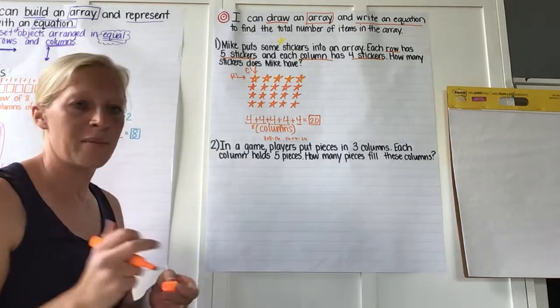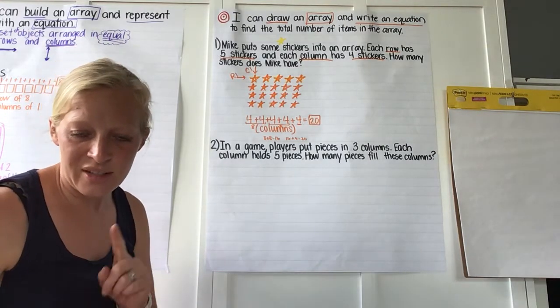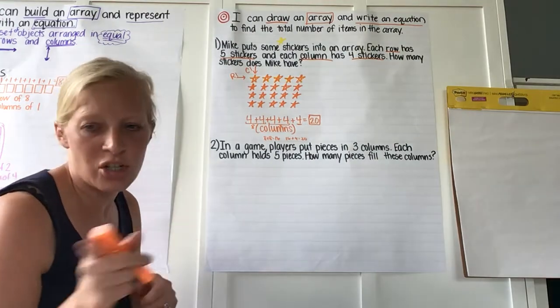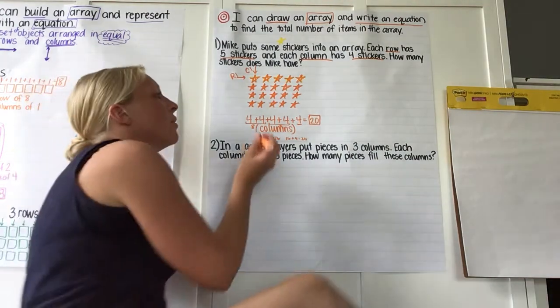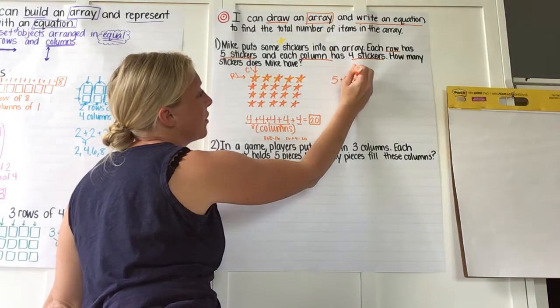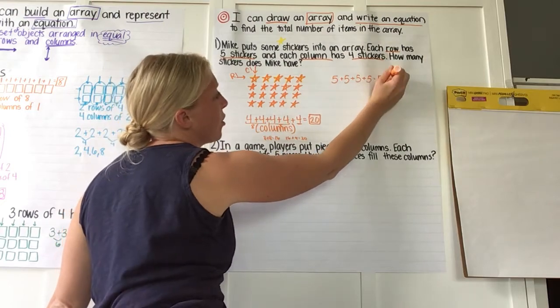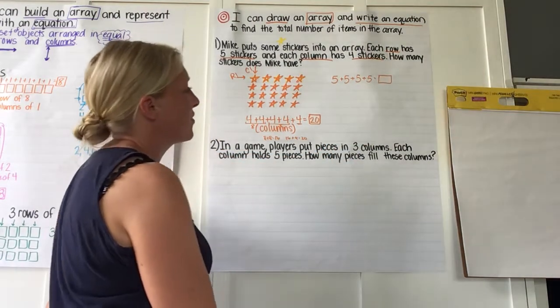Who else wrote that same equation? Okay, somebody else did another equation. Could you share with me what equation you did? Tell me why you wrote 5 plus 5 plus 5 plus 5.